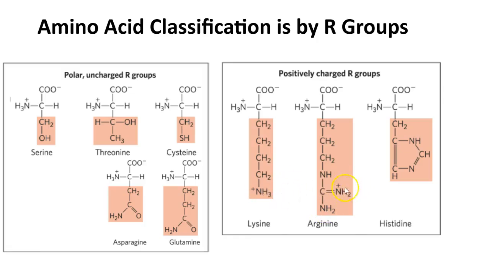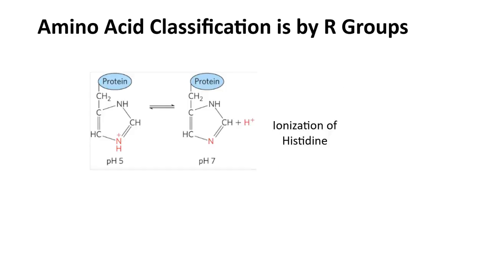Some are very obvious because you see the plus charge. You see histidine. You're looking at that, it's like, hold up, I don't really see a charged group with that. That's because in this book, it wrote it in the form of at the pH 7. But if you recall from previous lecture, when you have this ionization of histidine, when it's in this form, it donated hydrogen to try to be this buffer.